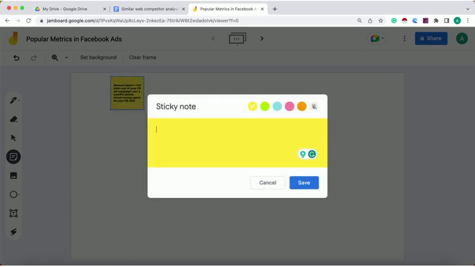Now let me explain this with an example. Suppose you set a budget of $100 for your Facebook ad, and at the end of the campaign you find that the total amount you have spent is $90. It can be 80, it can be 70, but as an example I'm just taking $90.